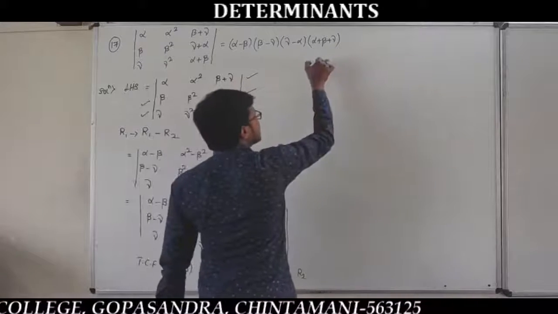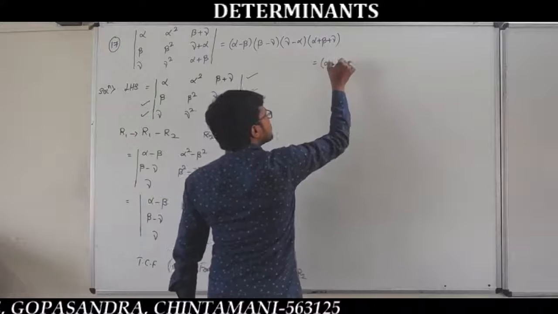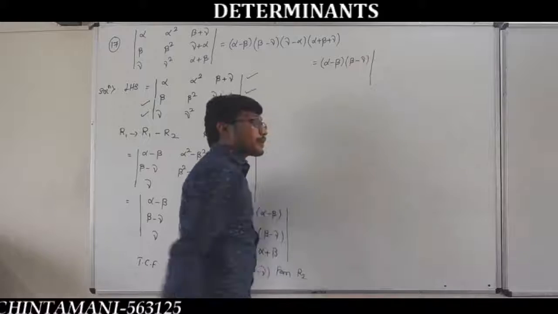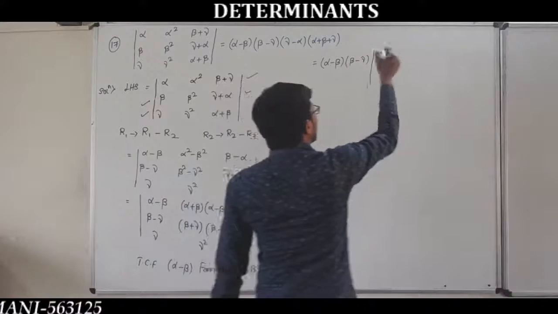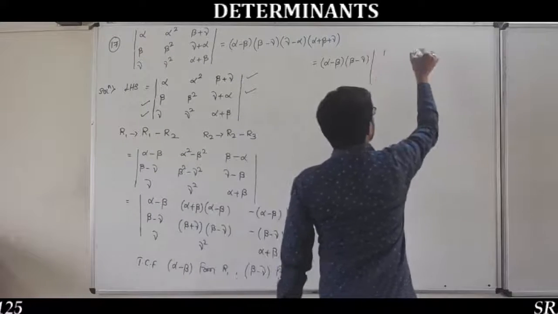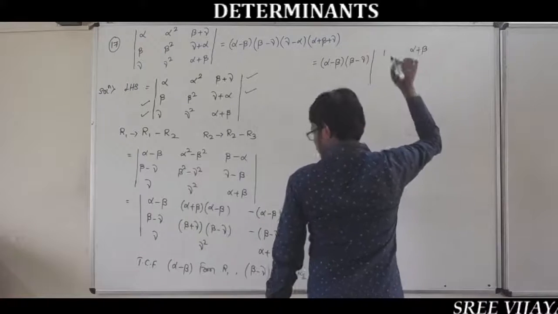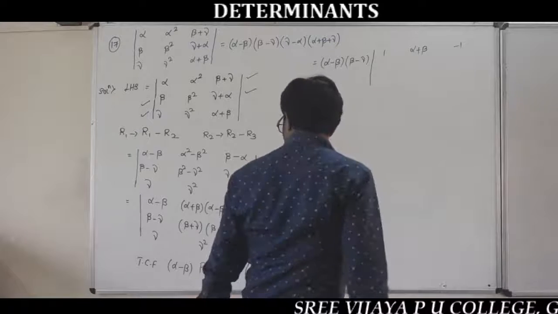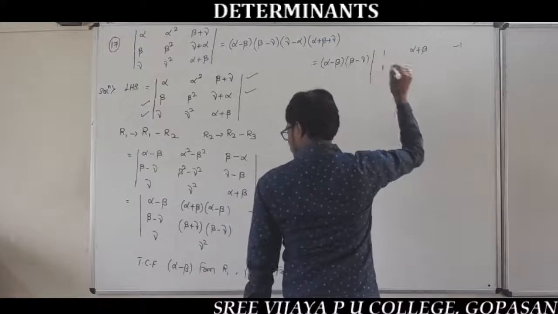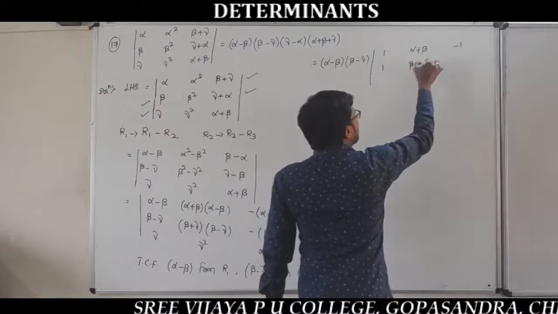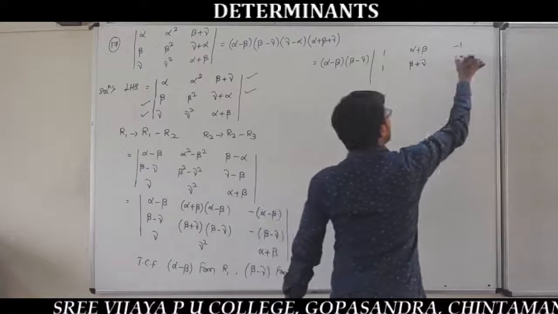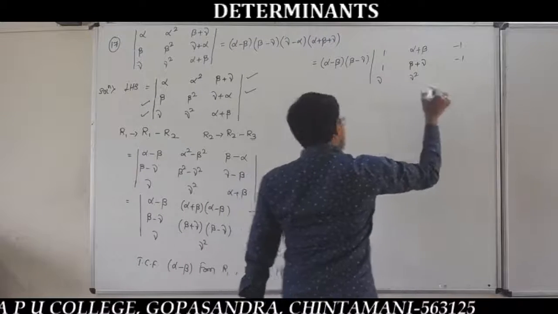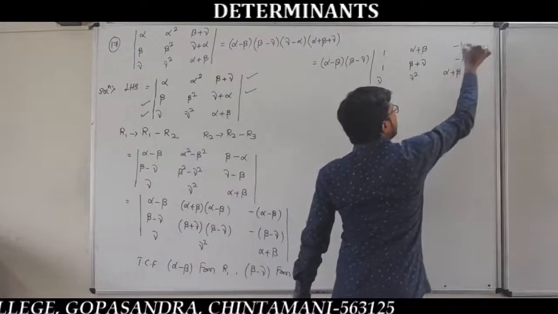From R1, leave alpha minus beta. So 1. Next, alpha plus beta, minus 1. If you leave that, alpha minus beta is a common from R1. R2, beta minus gamma you can leave. 1. Beta plus gamma, minus 1. So R3 as it is. So gamma square, alpha plus beta.